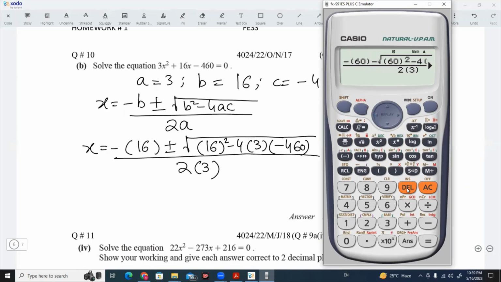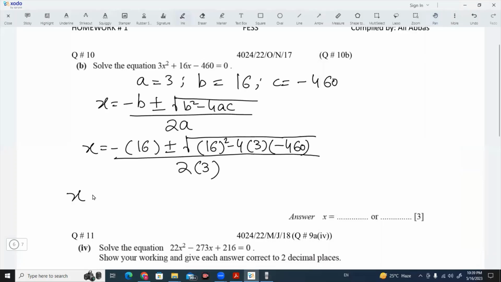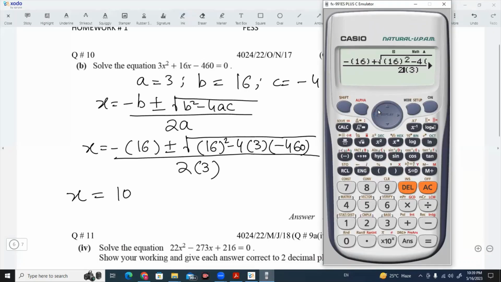This positive sign will be applied in the first step, so it will be minus 16. Press the equals sign and you will have your answer, which is 10. So x equals 10 when we have the positive value. When we have the negative value, what we have to do is bring the cursor back to the numerator and just change this sign here.